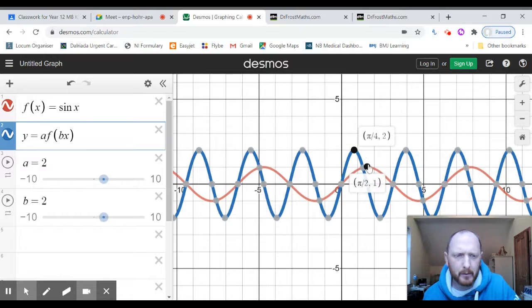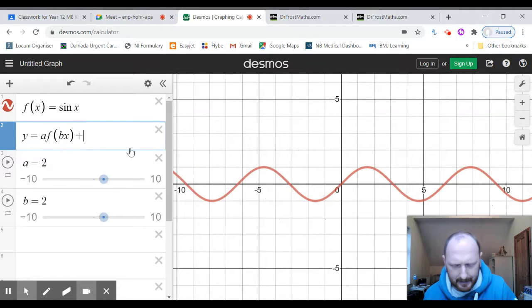So we could double it in height, and it would go to pi over 2, 2, and then shrink it by a half to get pi over 4, 2, or we could shrink it to get pi over 4, 1, and then double it to get pi over 4, 2. So the order doesn't matter in this case, but what we would tend to do is just stick with BIDMAS and do the brackets first, and then everything after that.